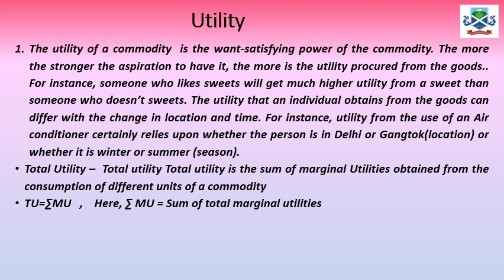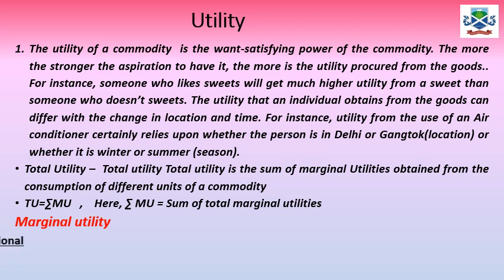That's why TU is equal to the summation of MU. Whatever marginal utility you get by consuming each additional unit of a commodity, if you go on adding it, then only will you get the total utility. So total utility is the summation of marginal utility.